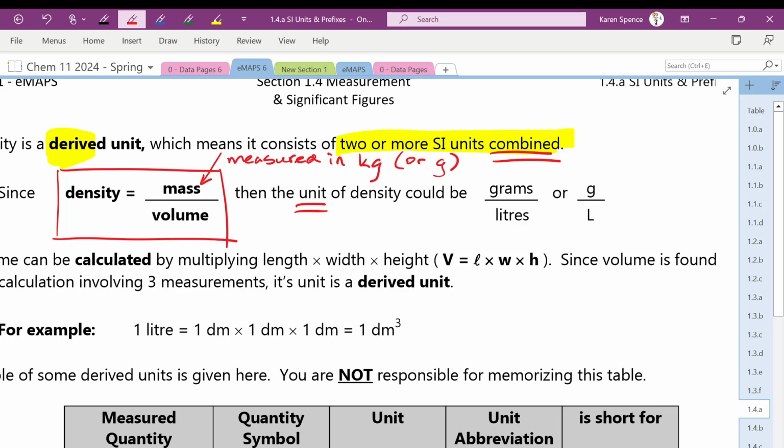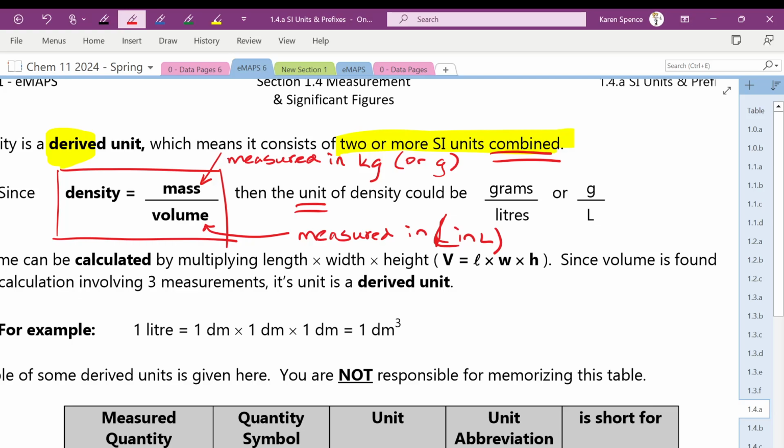Yes? And what is volume measured in? Tell your partner, what is volume measured in? Volume is measured in liters or milliliters or kiloliters or whatever you like. Okay, so it could be grams per liter.